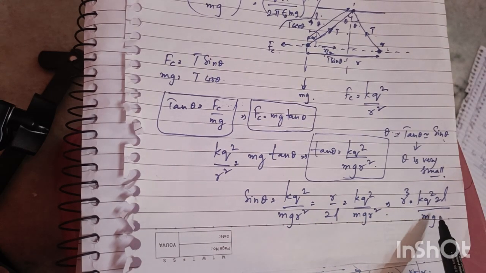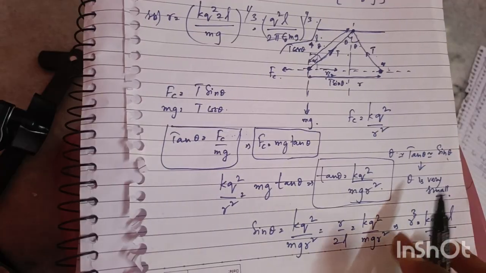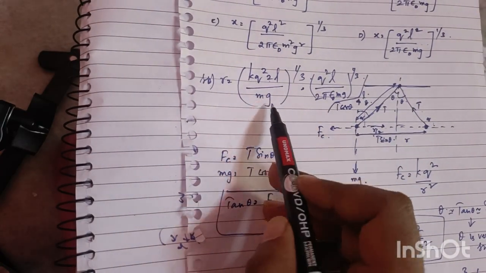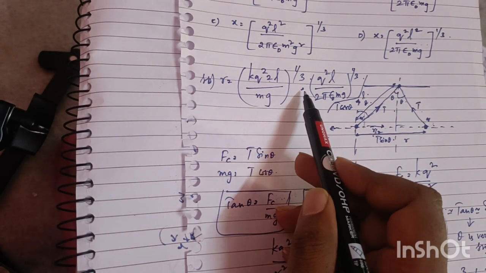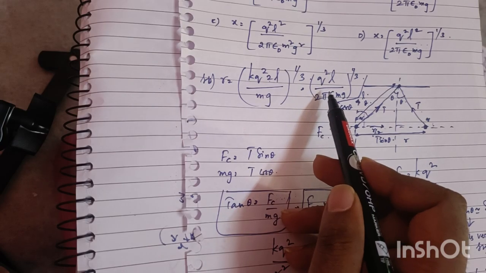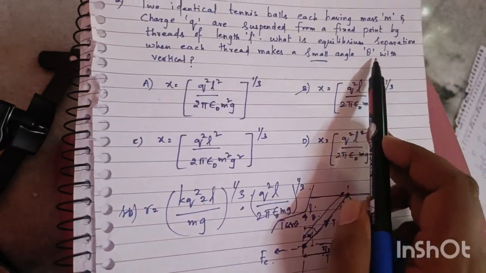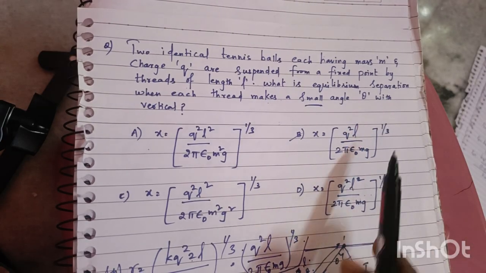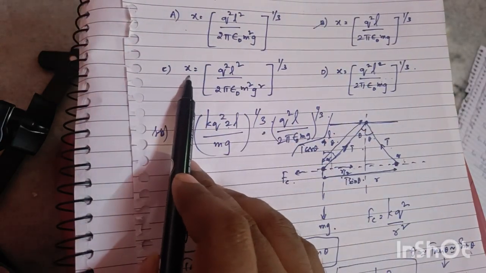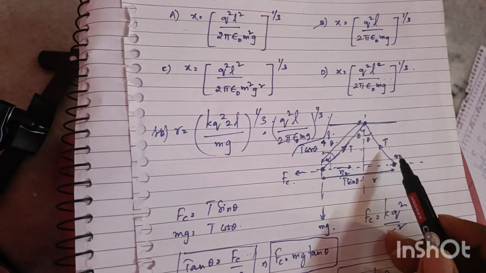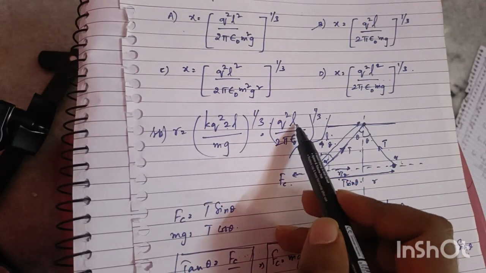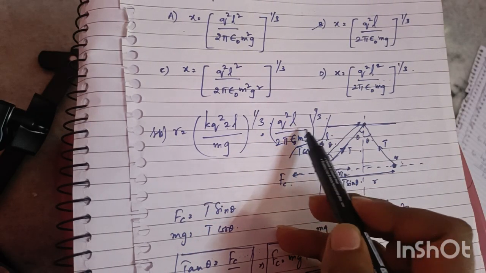And if I take the r expression, it will be to the power 1 by 3. That is what they've asked: what is the equilibrium separation? In the options they just said x, so I took it as r, same thing. So q square l by 2 pi epsilon naught mg, whole power 1 by 3.